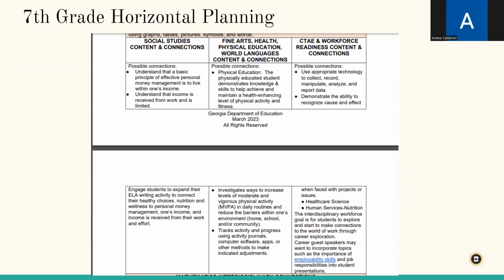In physical education, the physically educated student demonstrates knowledge and skills to help achieve and maintain a health enhancing level of physical activity and fitness. And it relates to the CTAE in the workforce, as it uses appropriate technology to collect, record, manipulate, analyze, and report data.